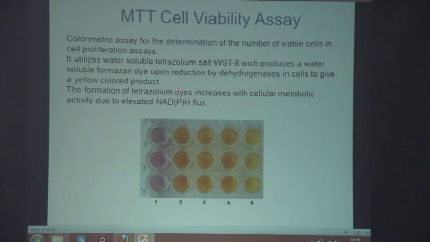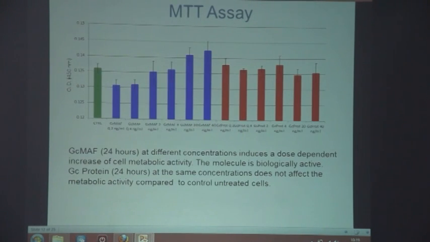The formation of the dye increases with the cellular metabolic activity due to elevated NADH flux. So it is related to the mitochondrial activity.